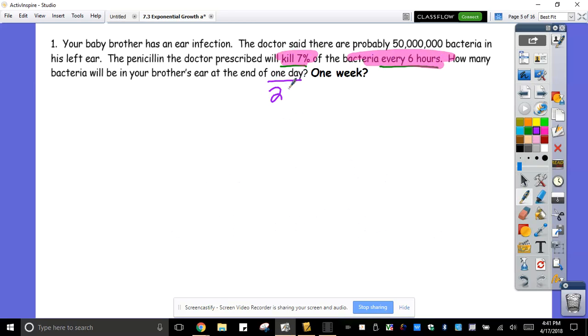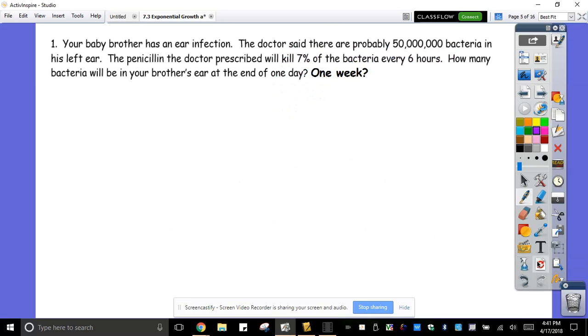So in a day, we know that there are 24 hours. In the 24 hours, if the bacteria is killed 7% every 6 hours, divided by six, there will be four of that. So our time here will be 4.